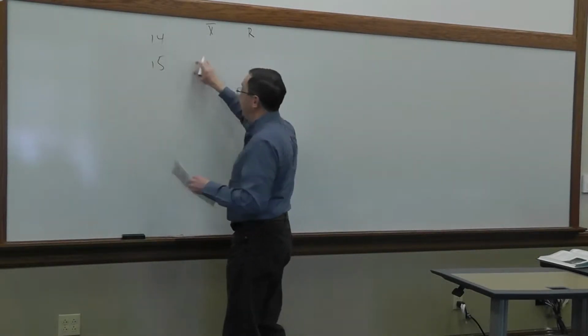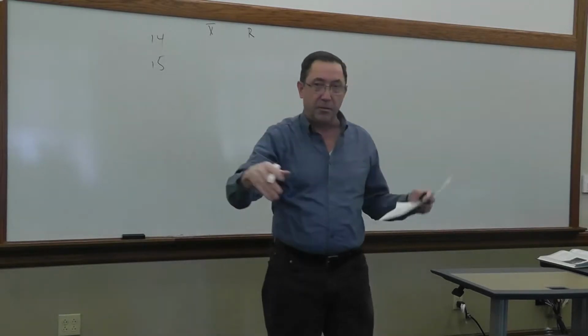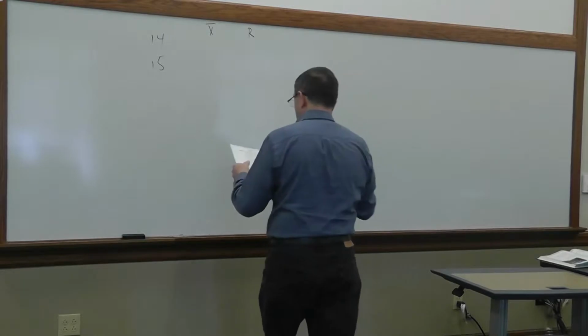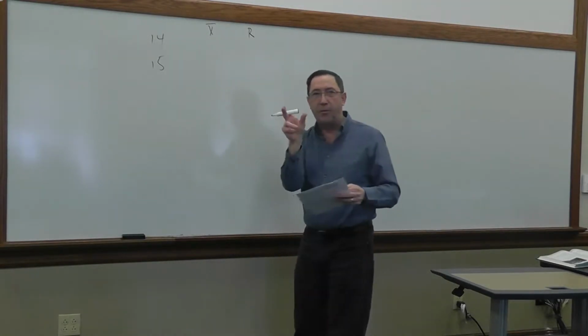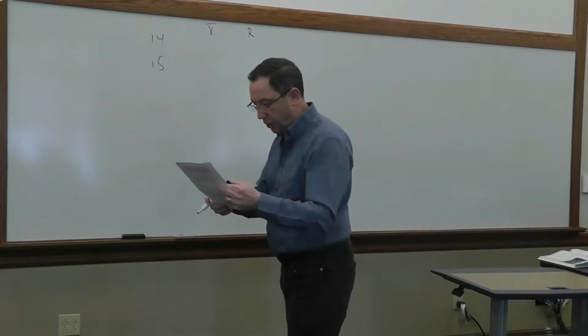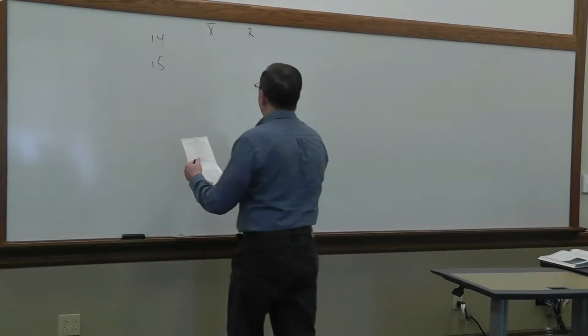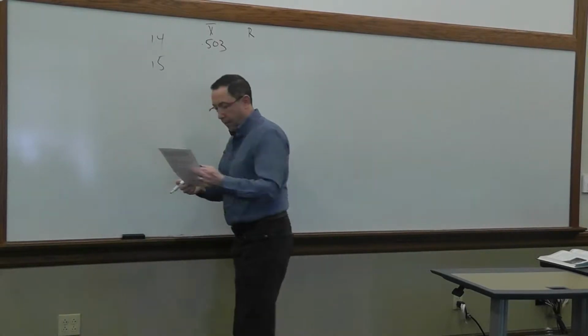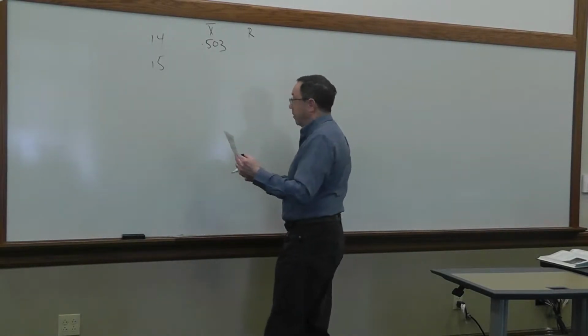For sample 14, by adding up those 5 observations and dividing by 5, you should come up with an X-bar of 0.503 and a range for that sample of 0.034.